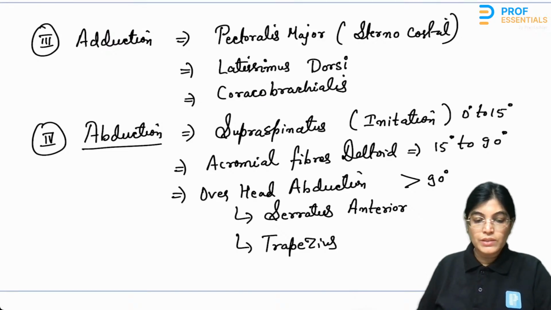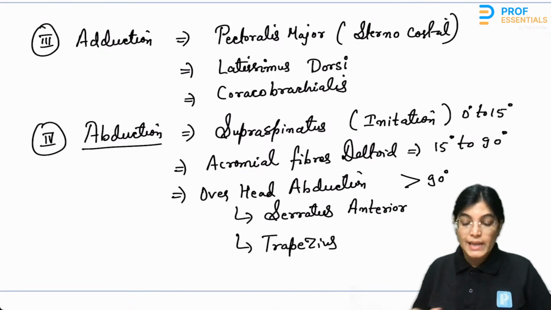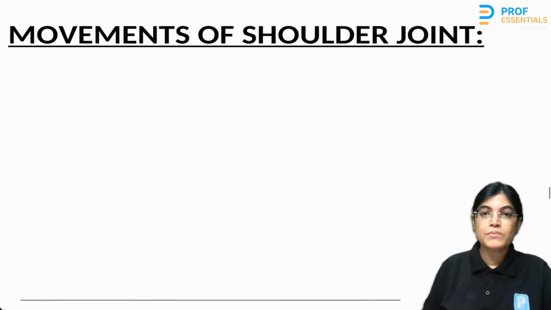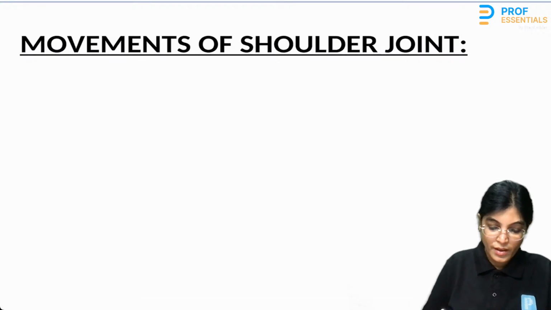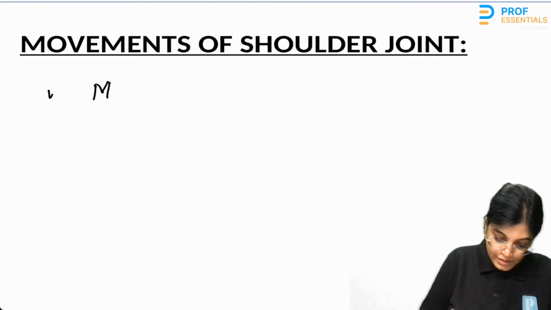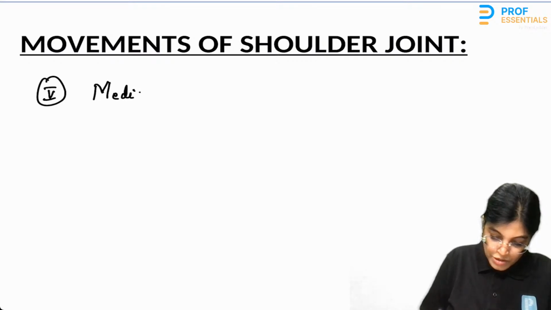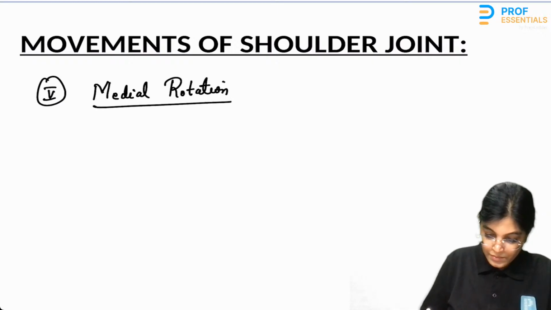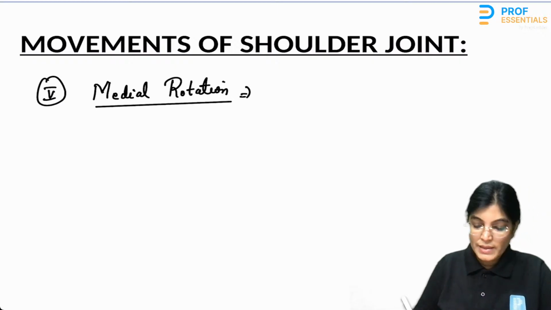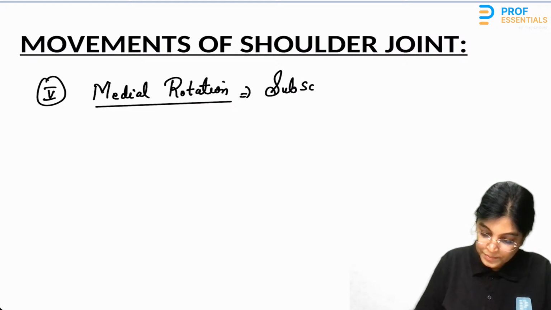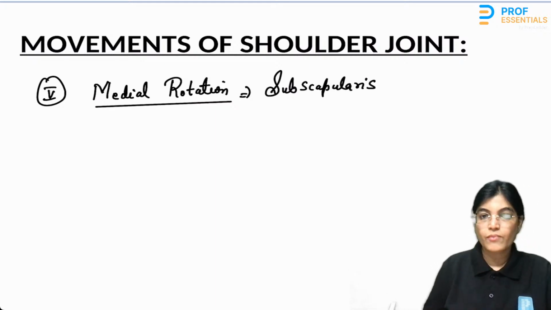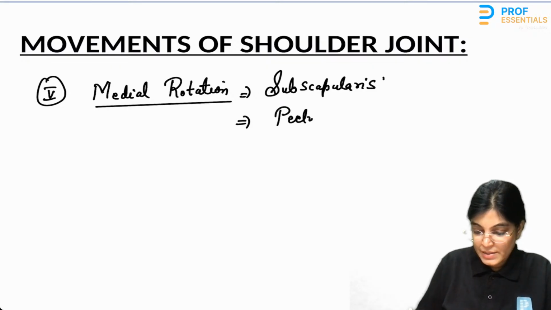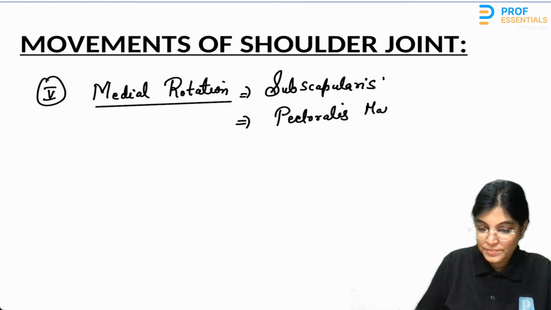Now we also have to know the muscles causing medial and lateral rotation. So write down the muscles causing medial and lateral rotation. Medial rotation is done by the subscapularis muscle, also by the pectoralis major muscle.